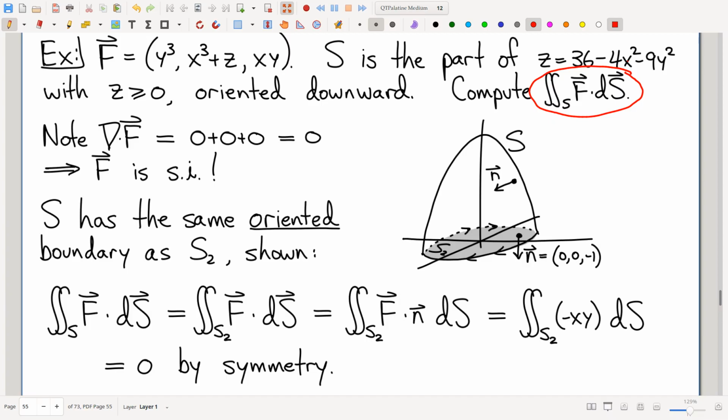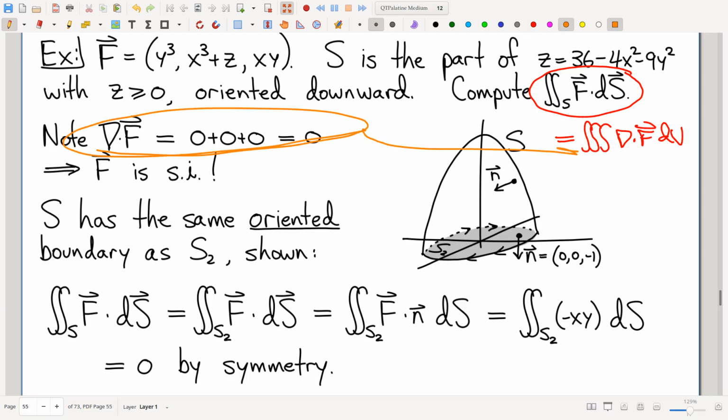A lot of students will look at this, and they'll say, flux. Oh, my favorite theorem about flux is Gauss's divergence theorem. Gauss's divergence theorem, they think, says that a flux is a triple integral of divergence. And then they think, check it out, the divergence is 0.